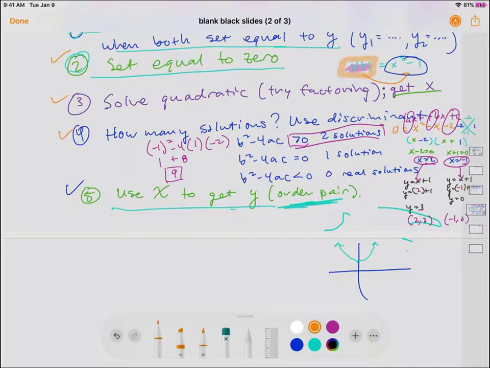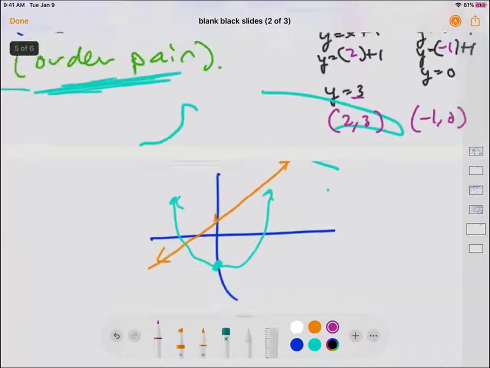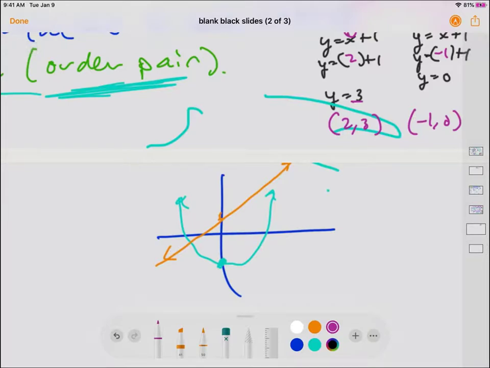Then y equals x plus 1, let me graph that one. Something like this, right? And if we graph our solutions, which are (2, 3), something like this. And negative 1, 0, that should probably have been right there.